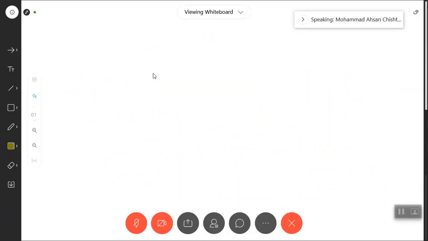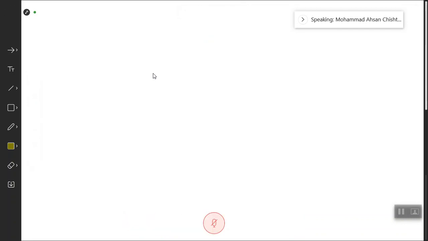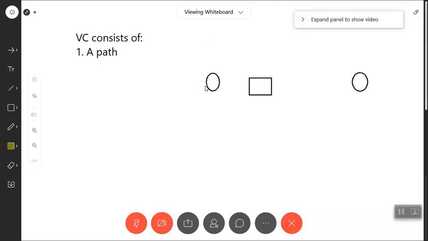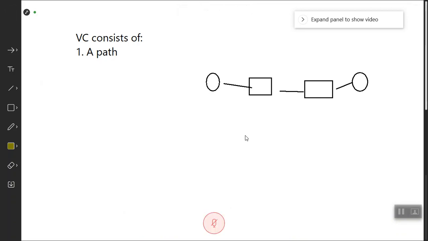What is a path? It's a series of links and packet switches between source and destination. As an example here, these are our switches, this is the source, this is the destination. And what is a path? The path that we create here would be this thing.